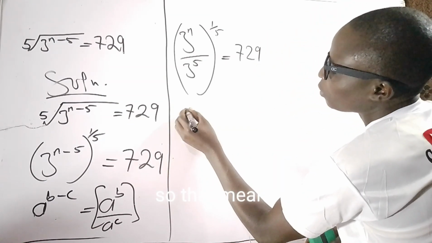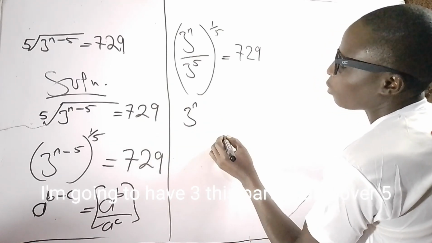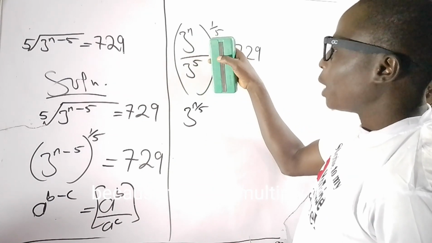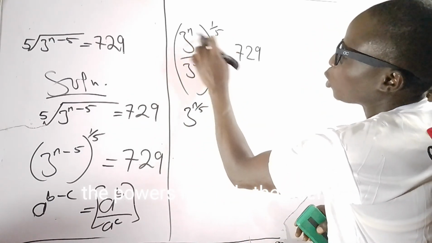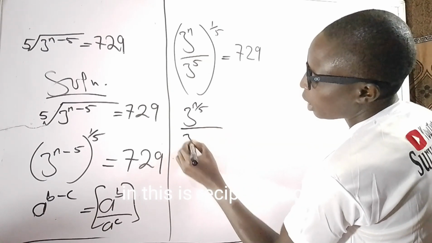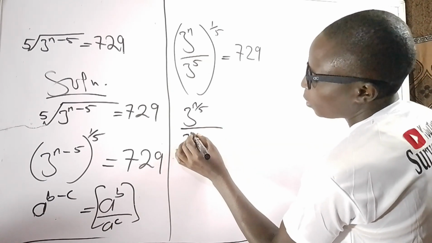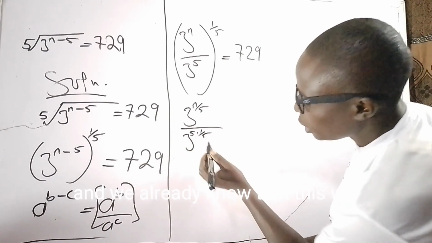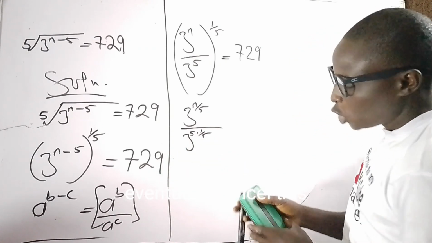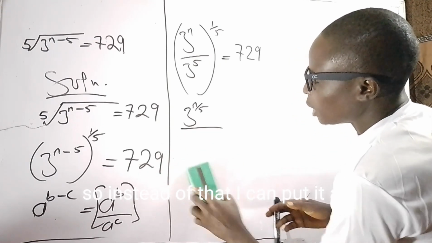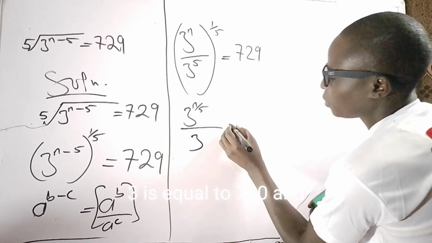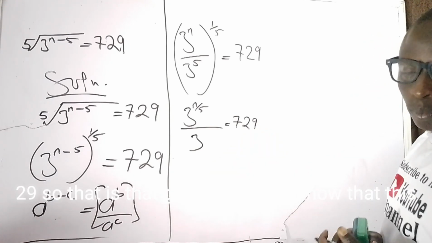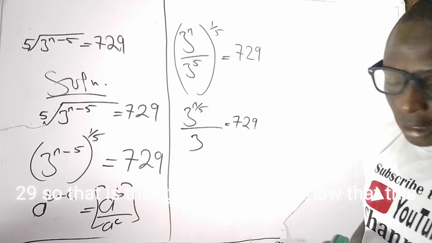So I'm going to have 3 raised to the power of n over 5, because the powers multiply themselves, according to the law of indices, over 3 raised to the power of 5 multiplying 1 over 5, and this will eventually cancel. So instead I can put it as 3 equals 729.